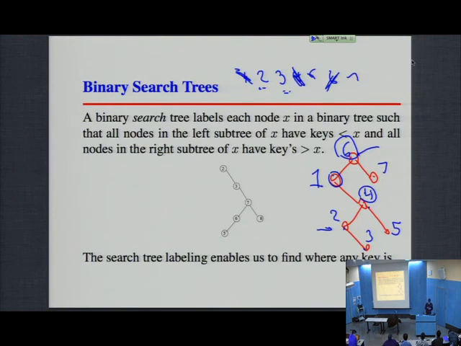Its in-order traversal is in order when I cover it like that. And that's exactly what it means. The reason why the in-order traversal of the tree is going to give me the numbers 1, 2, 3, 4, 5, 6, 7 in order is because this is the one and only way to take that tree and label it so it is a binary search tree.